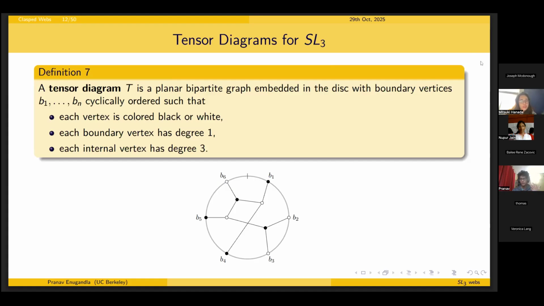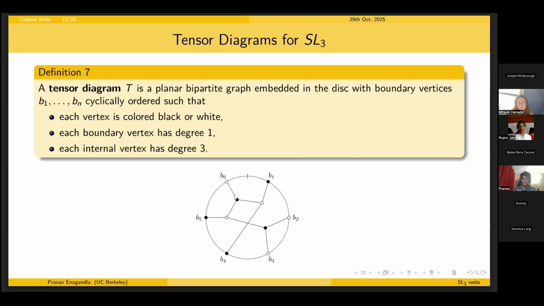So from here on out, I'll try to define things a bit more precisely, but a tensor diagram for SL3 is, once again, you have a circle, you have these boundary vertices, you draw a planar bipartite graph. Oops, actually, there's a typo. This shouldn't be planar because I have a crossing. I just look at bipartite graphs embedded in the disk.